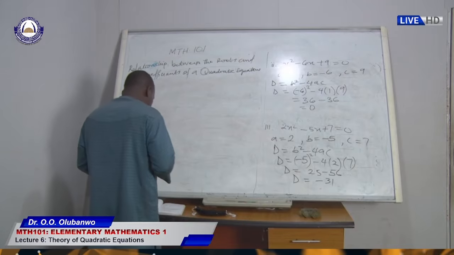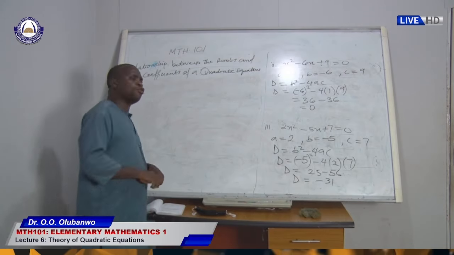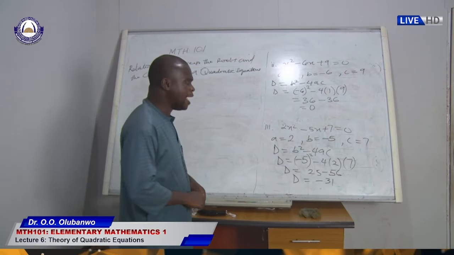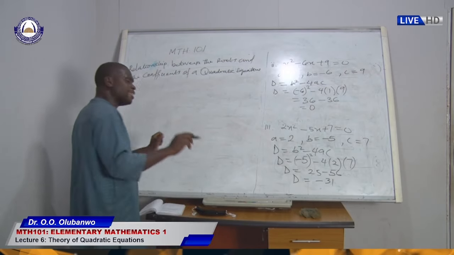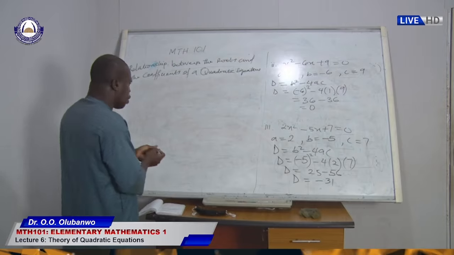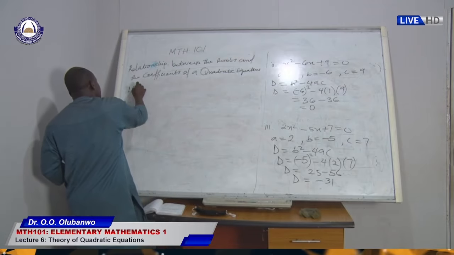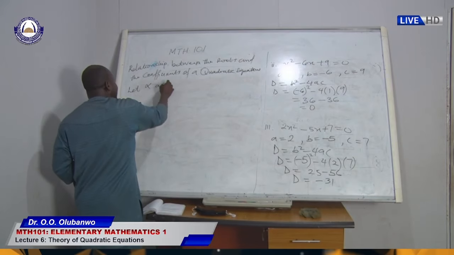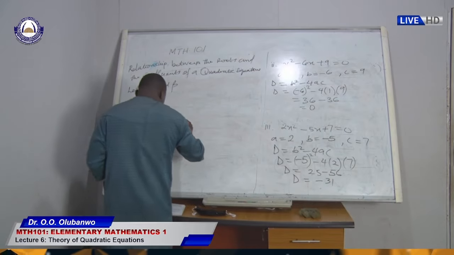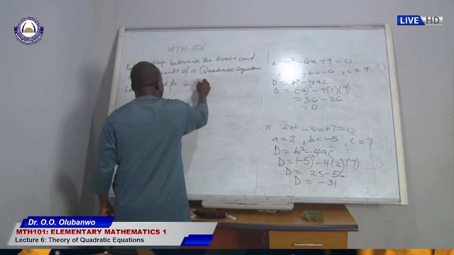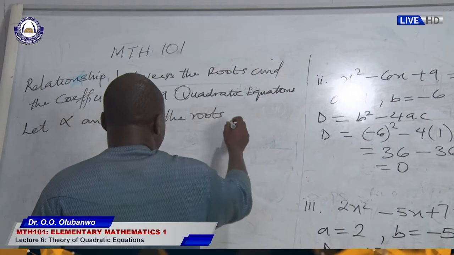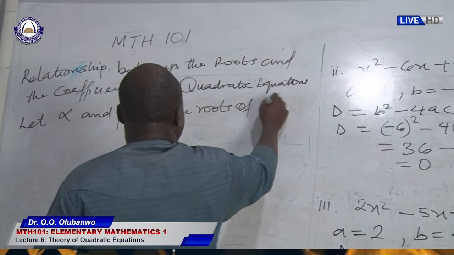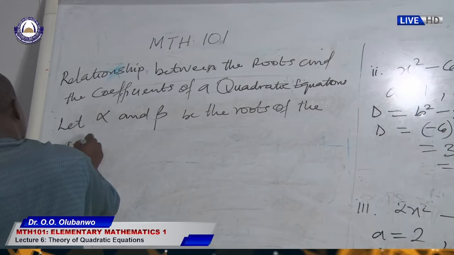Class, since we have two different solutions, we'll let alpha and beta represent the roots of the quadratic equation. Let alpha and beta be the roots of the quadratic equation.